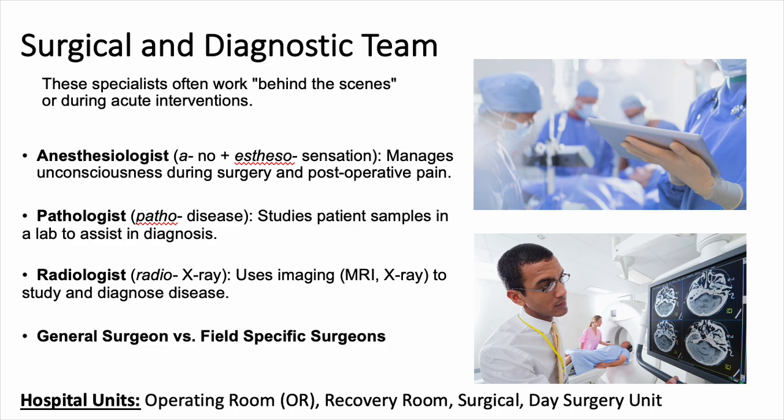The operating room is where the surgery will take place. So the surgical team will perform the procedure here. And after the procedure, a patient will go to the recovery room, which is where they will safely wake up from anesthesia. They'll be monitored for any complications by the team in this area. Then there's the surgical ward.